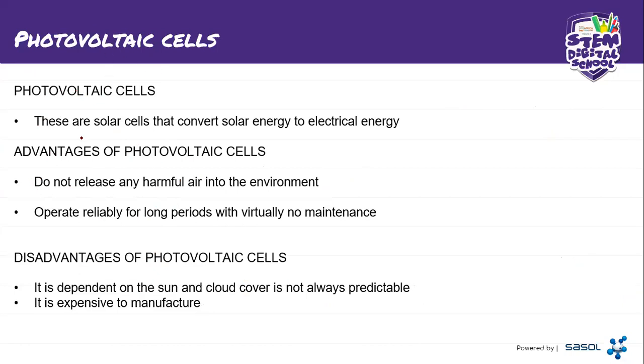Those are the cells, or rather, when we talk about solar panels, the solar panels that you see in some houses, they actually use those solar panels which absorb the energy from the sun, and that energy is then converted into electrical energy, and the electrical energy can be used especially for the geysers, for plugs in the houses, and so on.